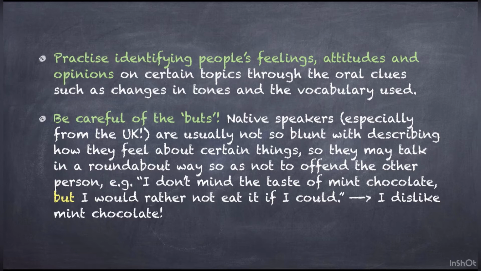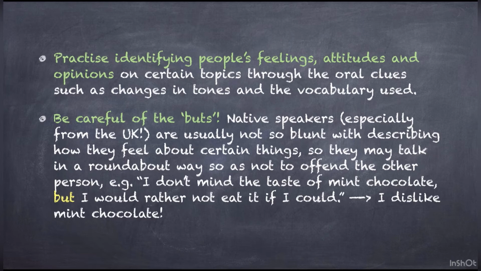If we speak in higher tones, it might show that we are excited or angry. If someone is speaking very fast, probably they are in a state of urgency, or they are trying to do things very fast, or they are nervous. These are oral clues that show our feelings and our opinions about things.